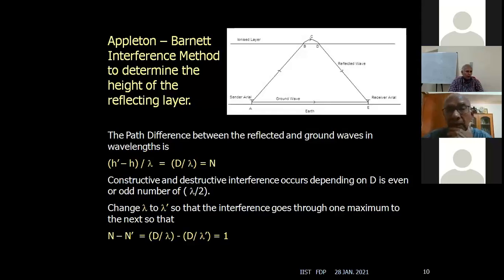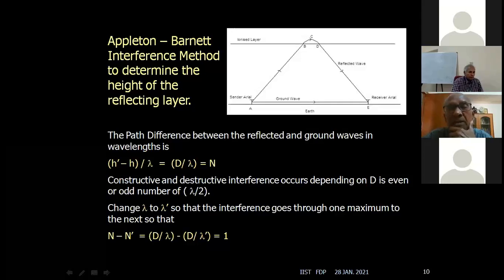So what they did, in an ingenious way, is if there are n fringes for an operating wavelength lambda, they change the operating wavelength slightly to change the number of fringes by 1. That is n plus 1, that is n dash, by changing the operating wavelength slightly from lambda to lambda dash.